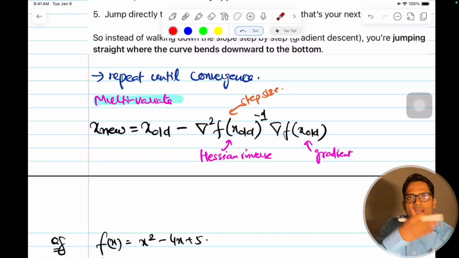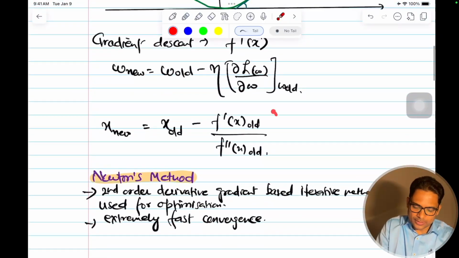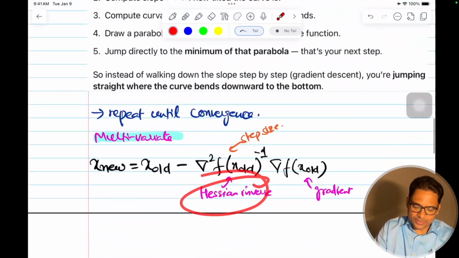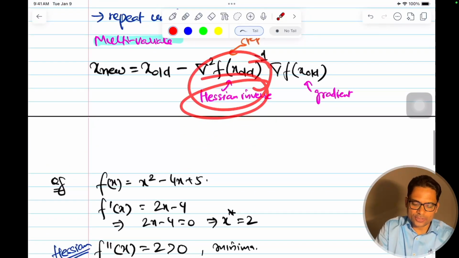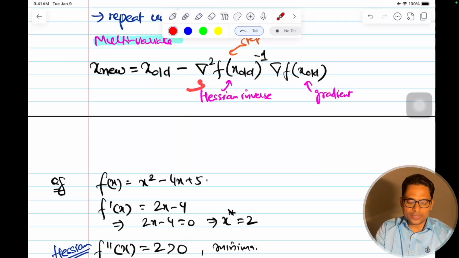Using the curvature, it will calculate its next step, and that is what causes the fast convergence. In simple terms, x new is x old minus f dash x by f double dash x. In matrix terms, the second derivative in multivariate calculus is your Hessian.